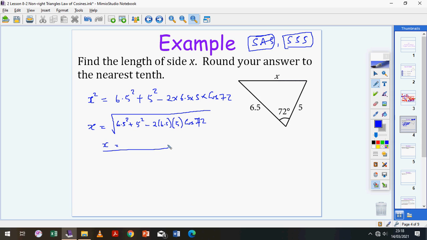Then it just gives me the answer straight away as 6.86, which I will write as 6.9 units or whatever. This question did not ask me to solve the triangle, it just asked me to find side x, so that's what I did. But if it said solve, then you'd have to go ahead and find all of the other unknown angles.